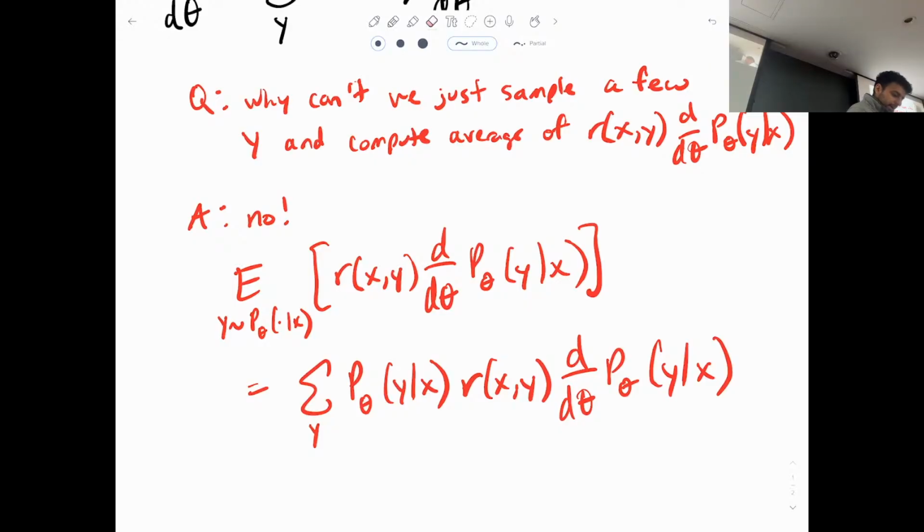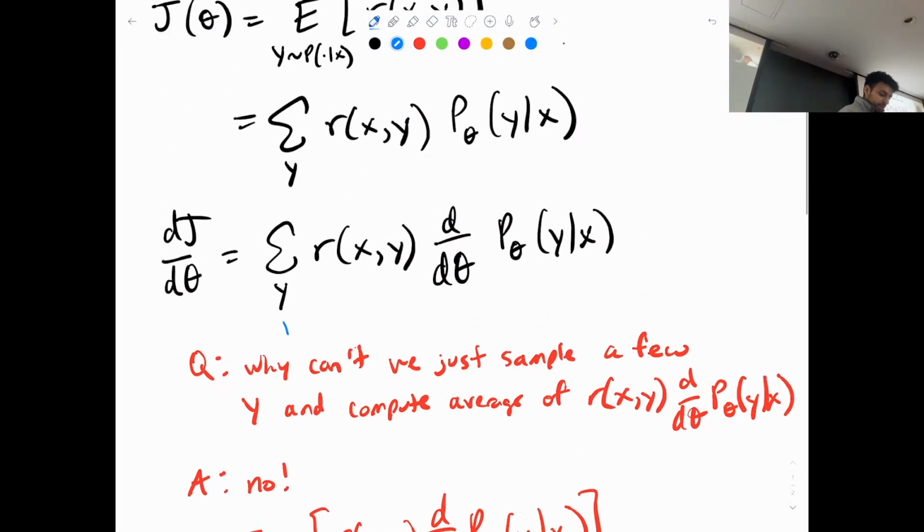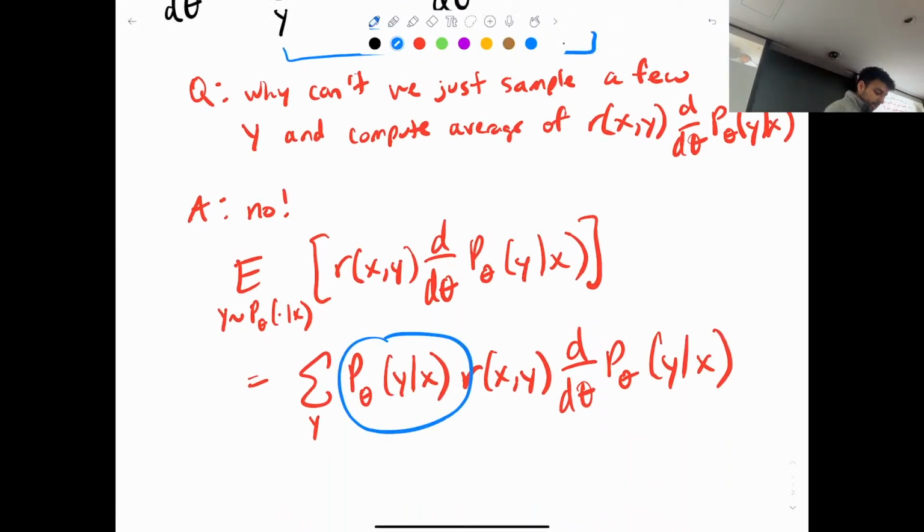So to be clear, this is not what we actually want to estimate up here, right? We have this new term, which is coming from the fact that we are drawing these samples from our policy model, right? So when we're computing our expectation of what this quantity is going to be, we always have to multiply by the probability of drawing that sample.